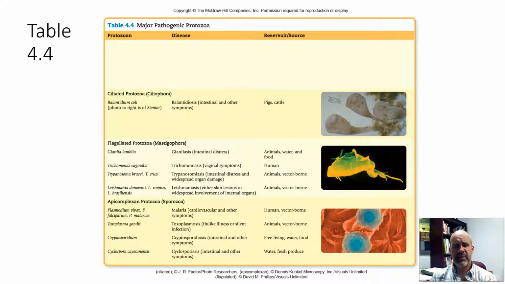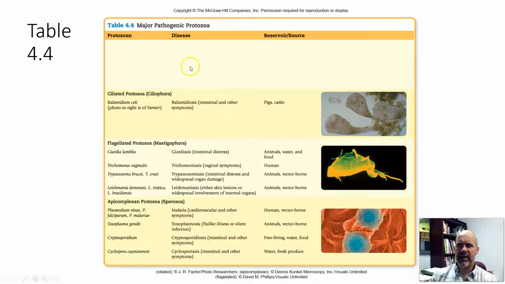All right, there are lots of pathogenic protozoans. Now, many of these are way more common in other parts of the world where sanitation is very poor. So a number of these you're not going to encounter all that much in the United States. There are pathogenic protozoans that have cilia, some that have flagella, and some that are amoebas.